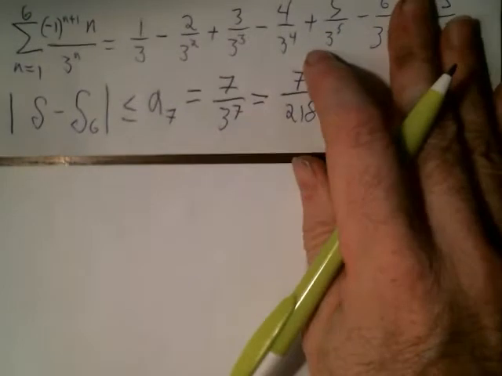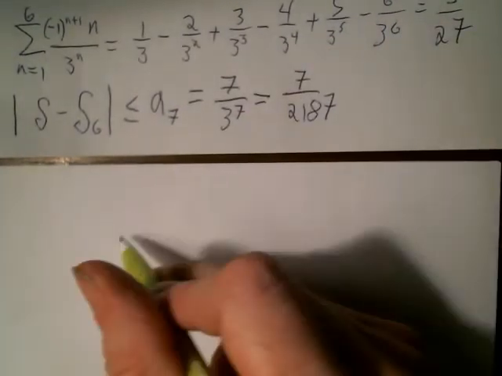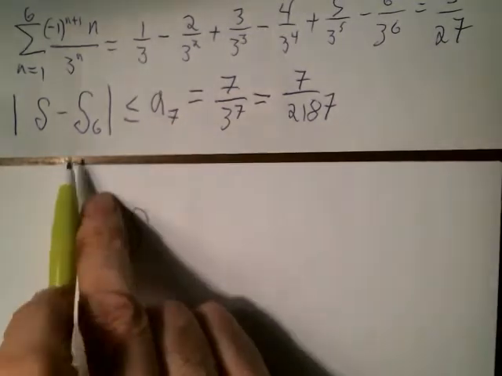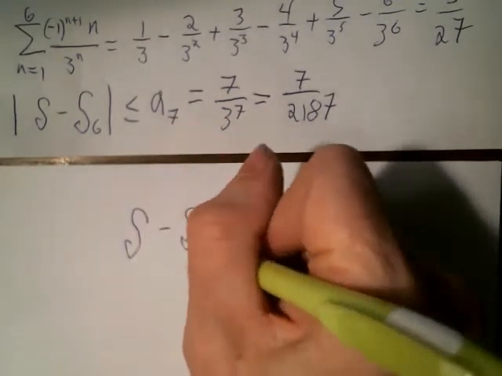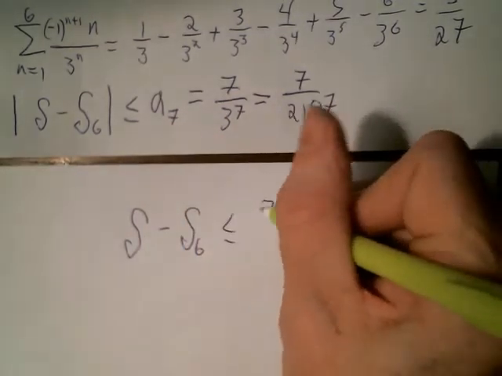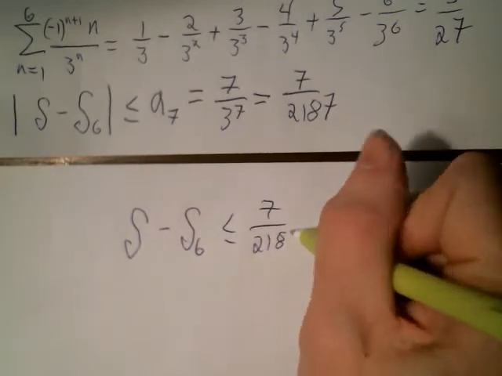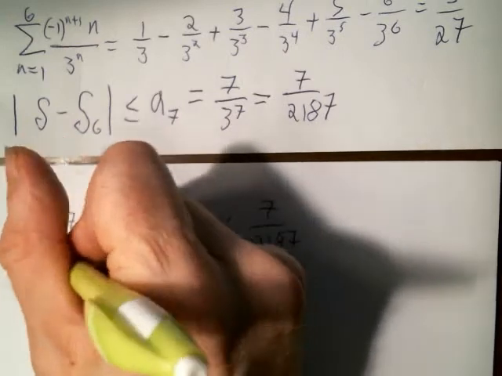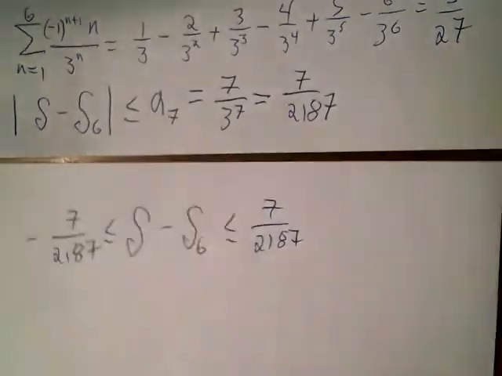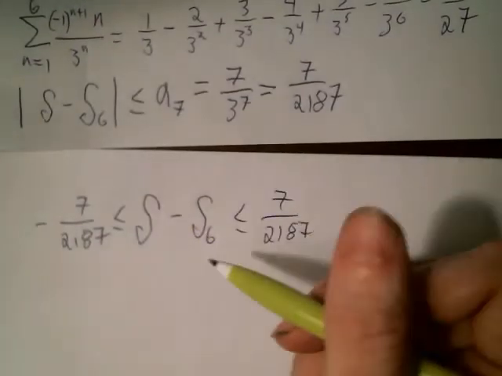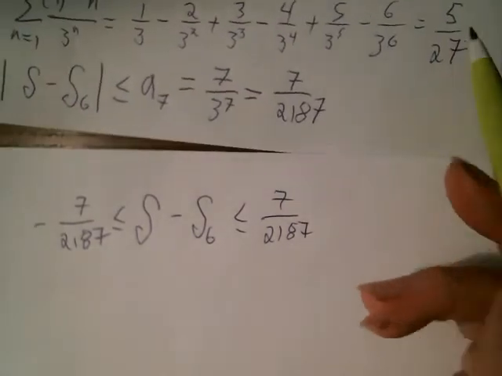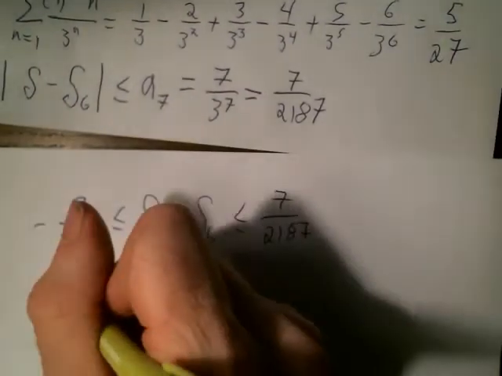So what else can we say about it? We can actually find a boundary for the actual sum. So I could say, if I expand this inequality, s minus s sub 6 must be less than or equal to 7 all over 2187, and greater than or equal to negative 7 over 2187. And then you could add s sub 6 to all 3 sides because we know it's 5/27ths. Okay. I'm doing a bit of fancy footwork with my calculator.